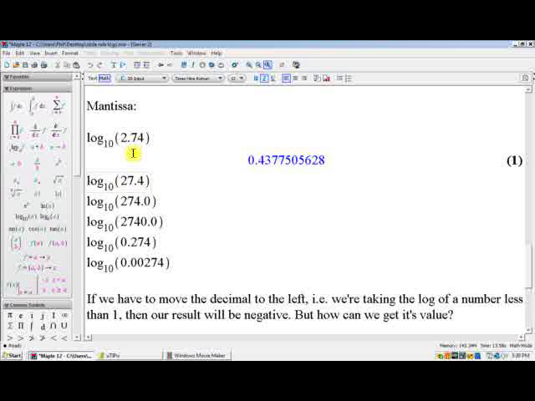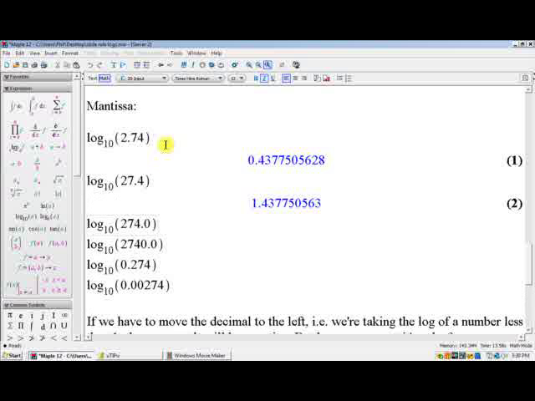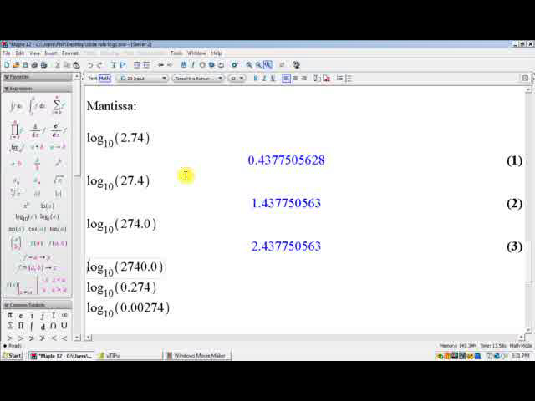And if we go ahead and take the same numbers, 2.74, I just moved the decimal over one place here, 27.4. Again, we get the same mantissa, different number out front. Go ahead and move the decimal one more place over. Same mantissa, and you may be able to see a pattern here.